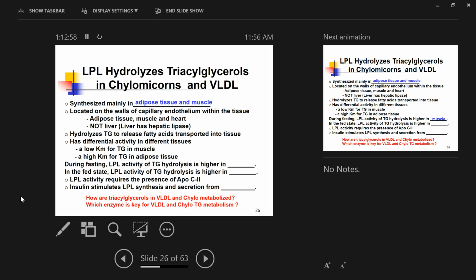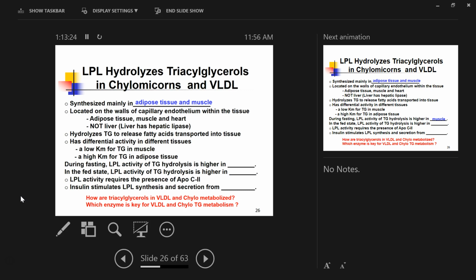So which triglyceride in which lipoprotein is hydrolyzed by hepatic lipase? Remnant, right? The chylomicron remnant is taken up whole by the liver.